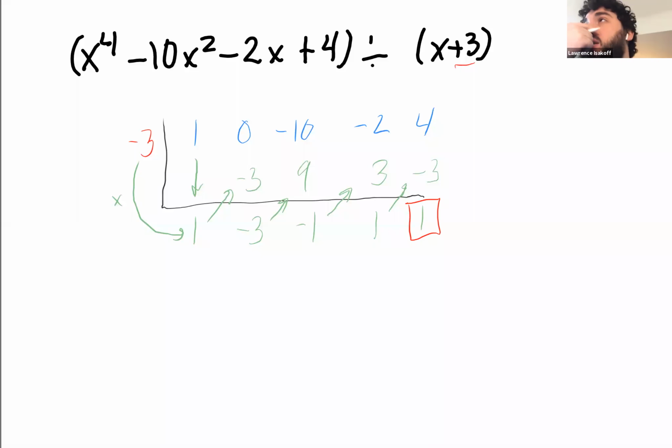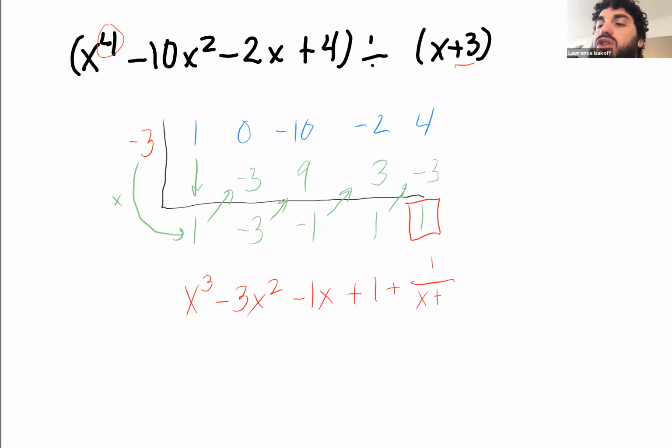I'd like to box that remainder just so I remember it. It starts out to the 4th, so I want to start out cubed, one power lower. So that's x cubed minus 3x squared minus 1x plus 1, and then I have my remainder: plus 1 over x plus 3.